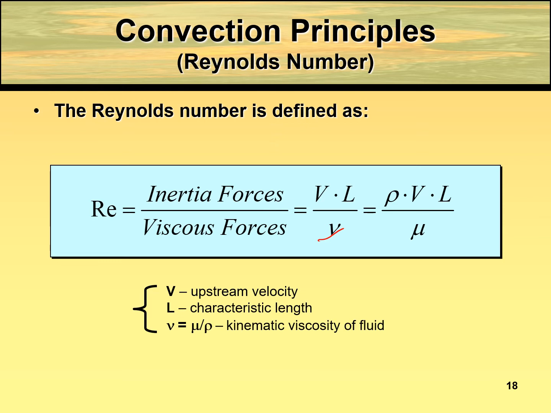Rho VL represents the inertial forces and mu the viscous forces acting by the fluid on the surface. V is the velocity, rho is the density of the fluid, L is the characteristic length, mu is the dynamic viscosity, and nu is the kinematic viscosity.